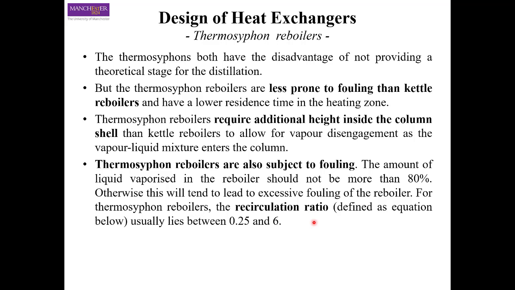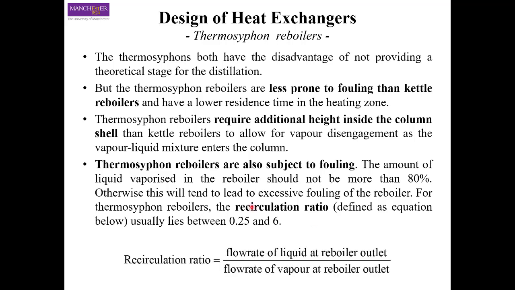This ratio is normally in the range of 0.25 to 6, and it can be defined as the ratio of the flow rate of the liquid at the reboiler outlet divided by the flow rate of the vapor at the reboiler outlet. So if you compare how much vapor you are generating in the stream at the outlet of the reboiler, you can calculate the recirculation ratio.